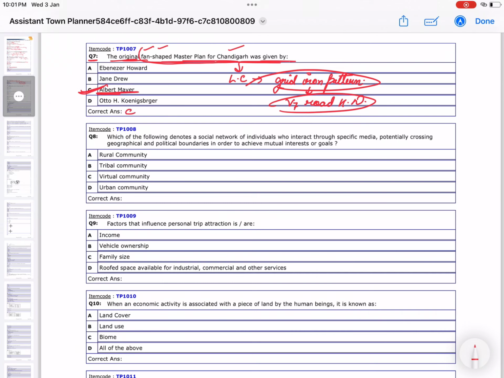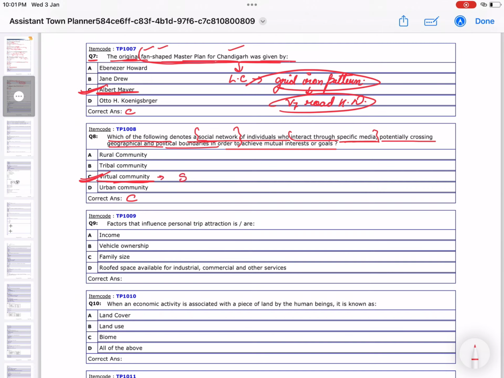Question number 8. Which one of the following denotes a social network of individuals who interact through a specific media? So they are talking about a social network and interaction through a specific media, potentially crossing geographical and political boundary in order to achieve mutual interest or goal. So this is the virtual community.